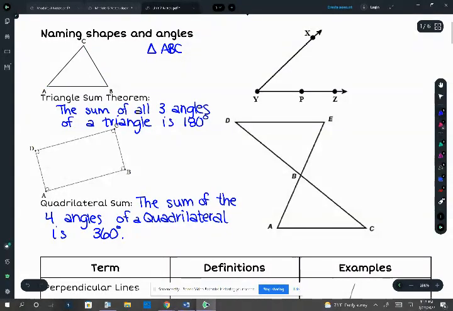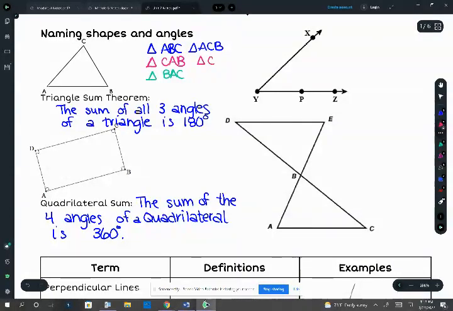Or we could name it triangle CAB, triangle BAC, or triangle ACB. And again, these are all the same triangle, just the order that we're stating it in.